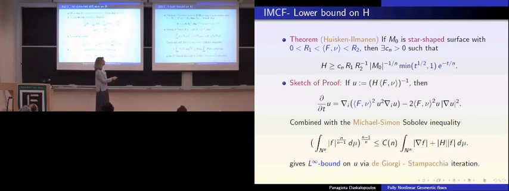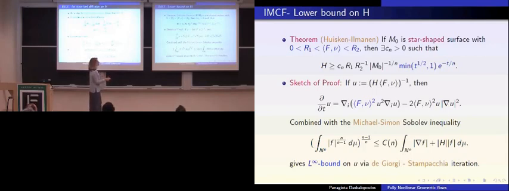So you see this is a positive number, and this lower bound depends on these two numbers, which have to do with the star-shapedness of the hypersurface.